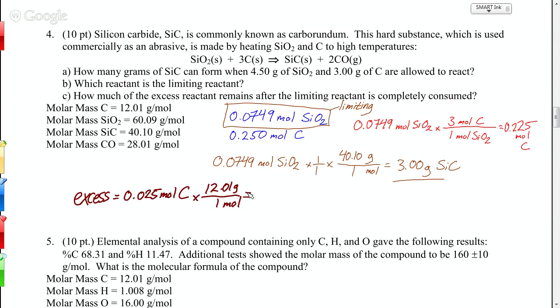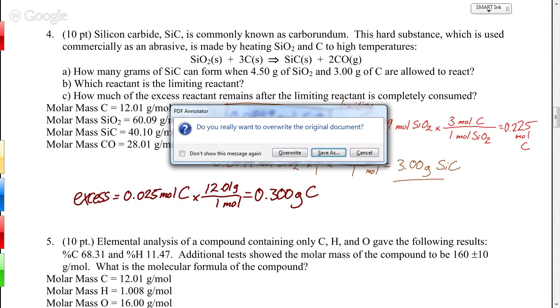Which is about 0.300 grams of carbon left over. So, is that what you got? Does that work? Okay, great.